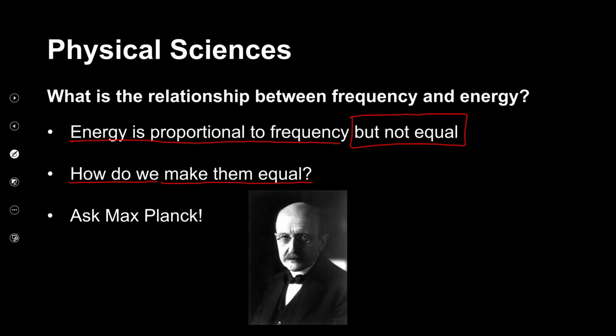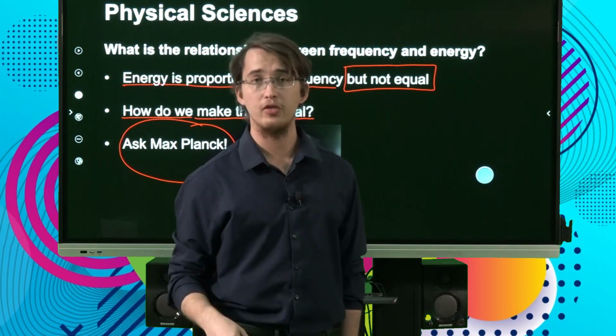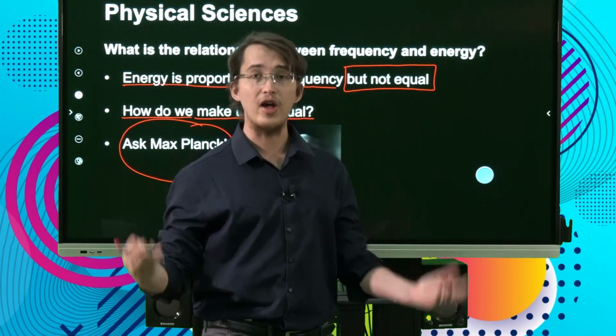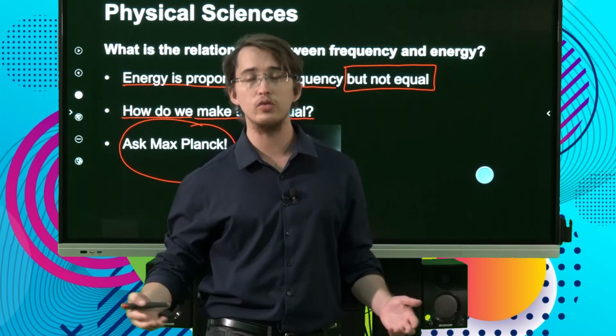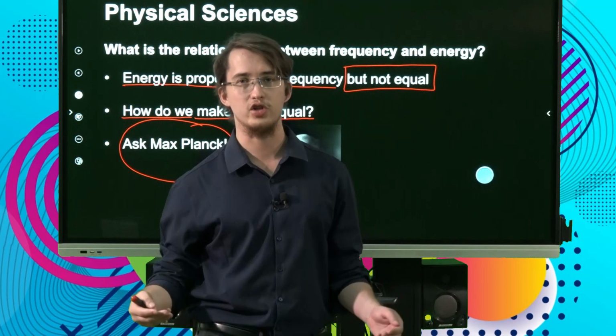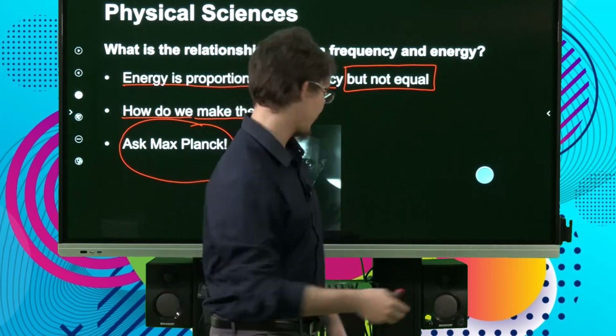A common problem in physics is trying to find how certain quantities or variables can be said to be equal. To get our answer, we're going to ask Max Planck. Have you heard of Max Planck before? He's a famous physicist from 1899 who did some interesting research on electromagnetic radiation. Let's see what he had to say.